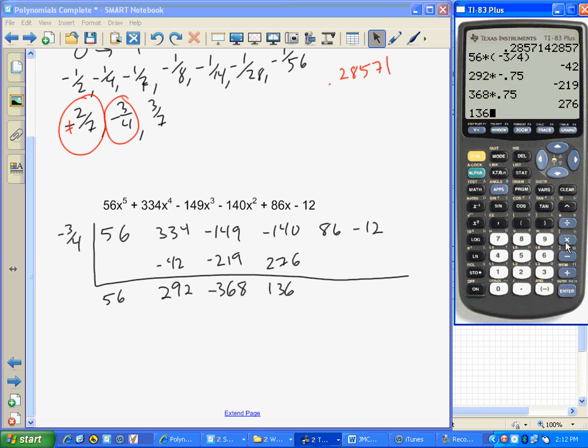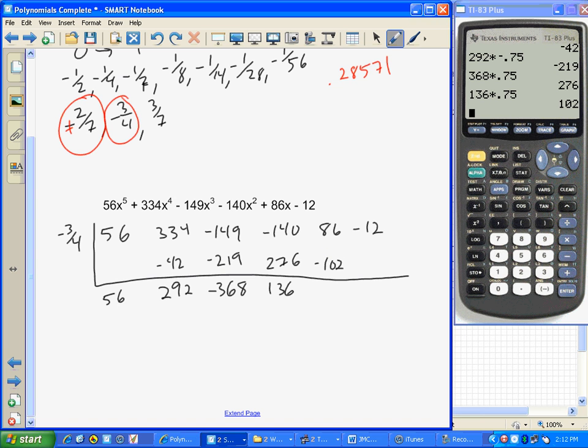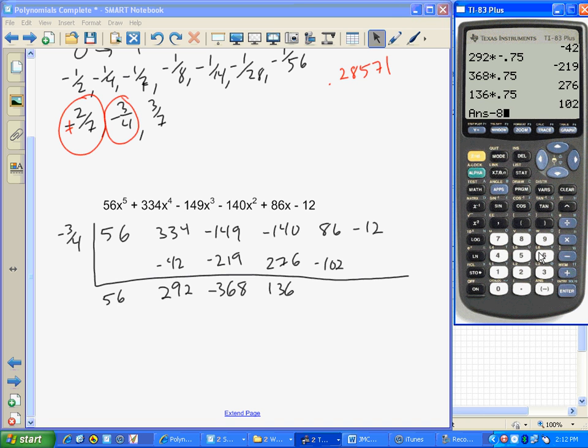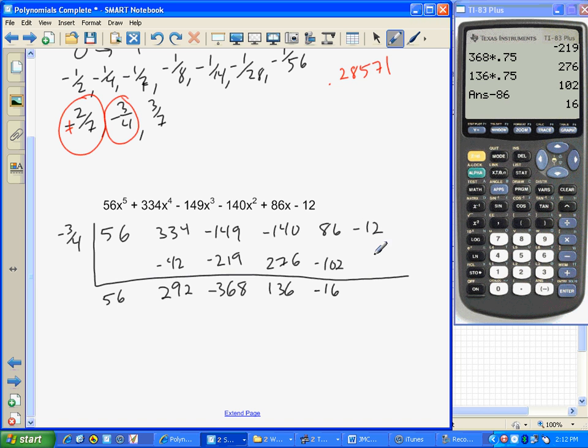Multiply that. Positive times negative is going to be negative, so -102. Add these up. 16, so that's negative, times 3/4 is 12. Add these, I get 0. So that one did come out all right.